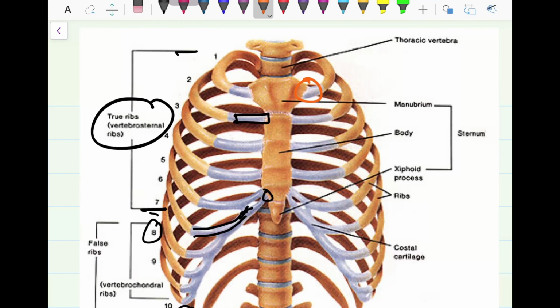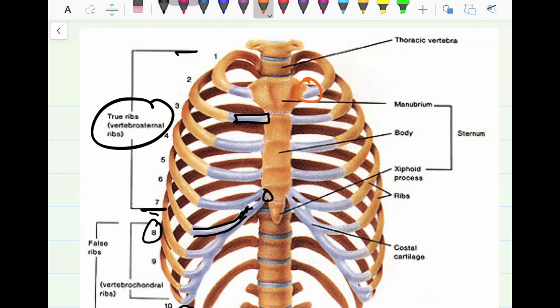Okay, and the attachments on this first rib are here. This is costoclavicular ligament, this is subclavius muscle, this scalenus anterior, this scalenus medius, this is attachment of the serratus anterior. Okay.